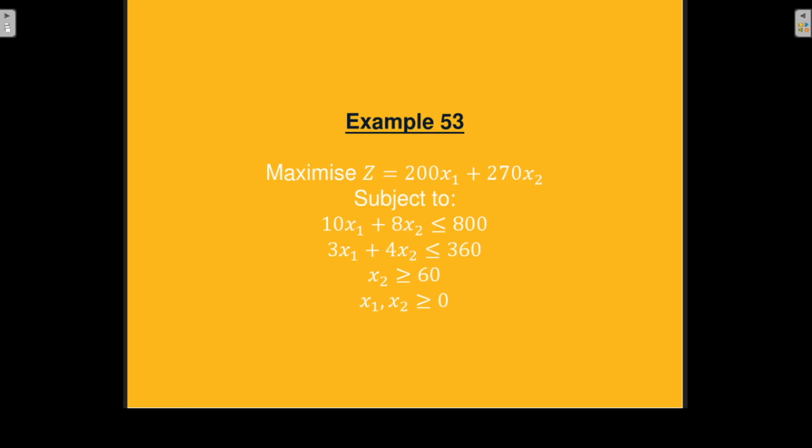So we start by plotting our feasible region. I'm going to go through this whole process again of plotting your feasible region, just as some extra revision. Okay, so let's look at our first constraint, 10x1 plus 8x2 less than or equal to 800.